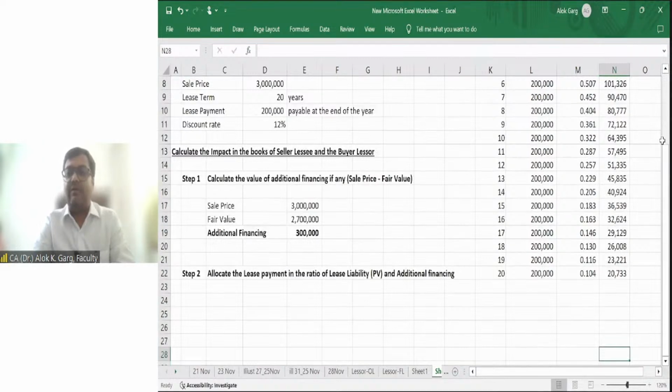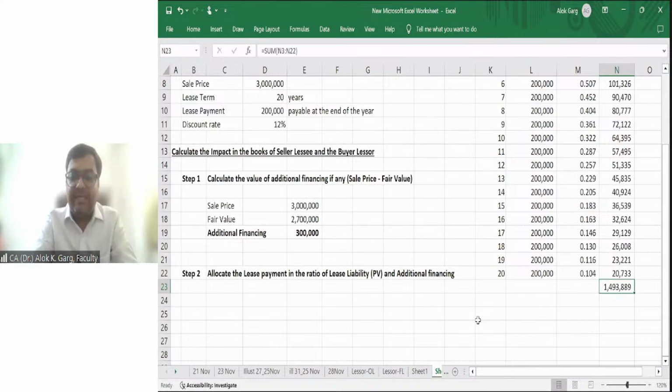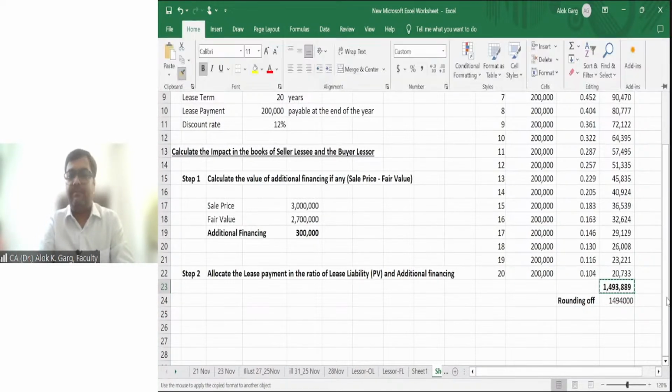The present value of the total lease payments is 14,93,889. This is the present value of the lease payment. Let's round it off so that the calculation becomes easy. Rounding it off to the nearest 1,000, it becomes 14,94,000. Simple.